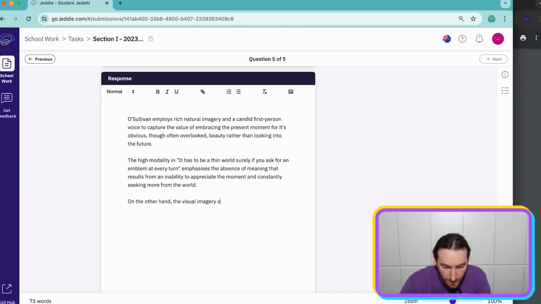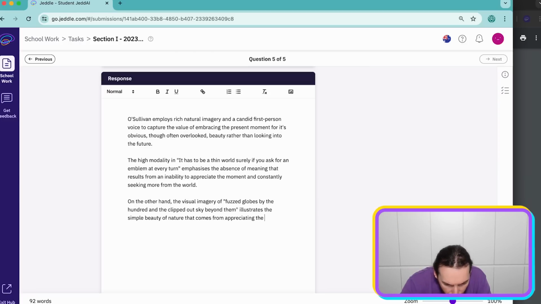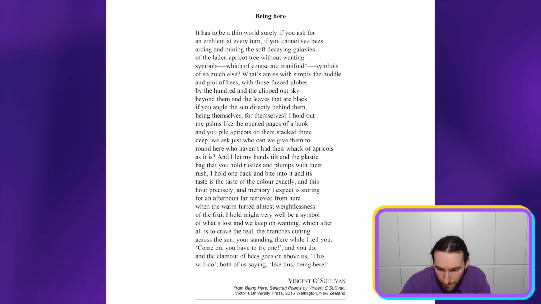So the visual imagery of fuzzed globes by the hundred in the clipped out sky illustrates the simple beauty of nature that comes from appreciating the intricacies, the simple beauty of nature that can be appreciated from being in the moment. Okay, that's simple. Two more.